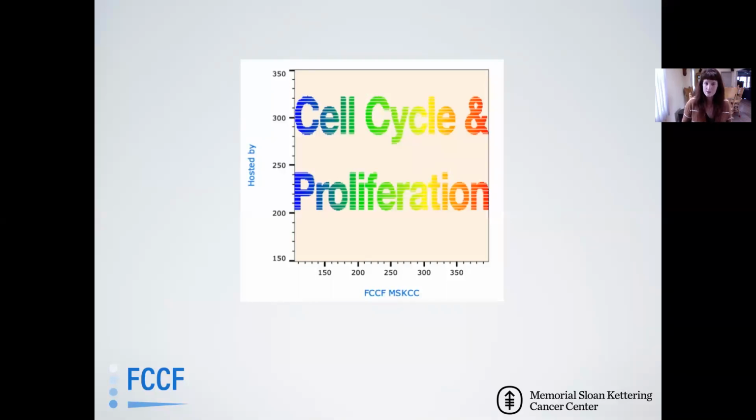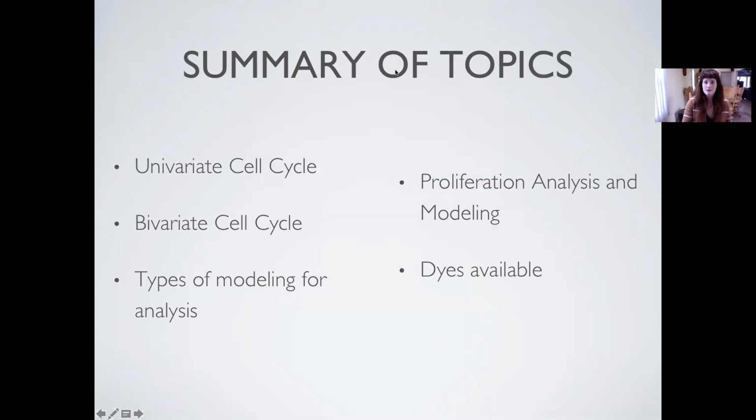So again, today is going to be on cell cycle and proliferation. Some of the summary of the topics that we have today: we're going to be going over univariate cell cycle data, for example DAPI, PI, and then we're going to be going over some bivariate cell cycle data with the incorporation of BrdU.